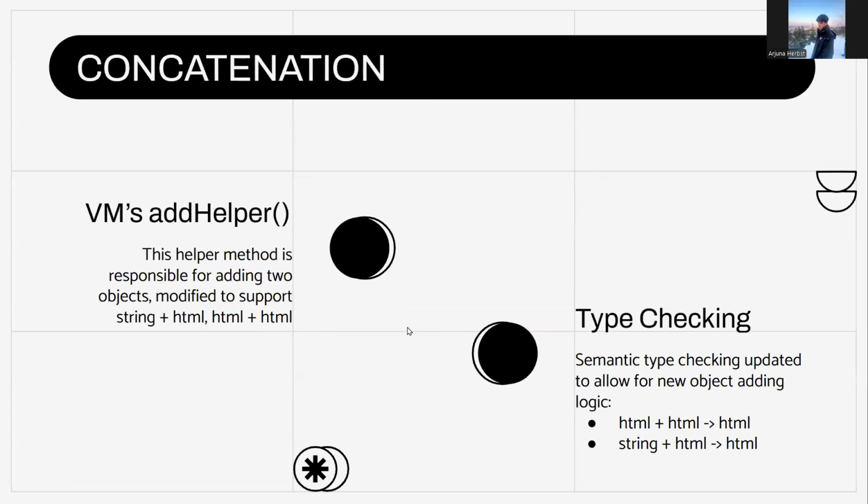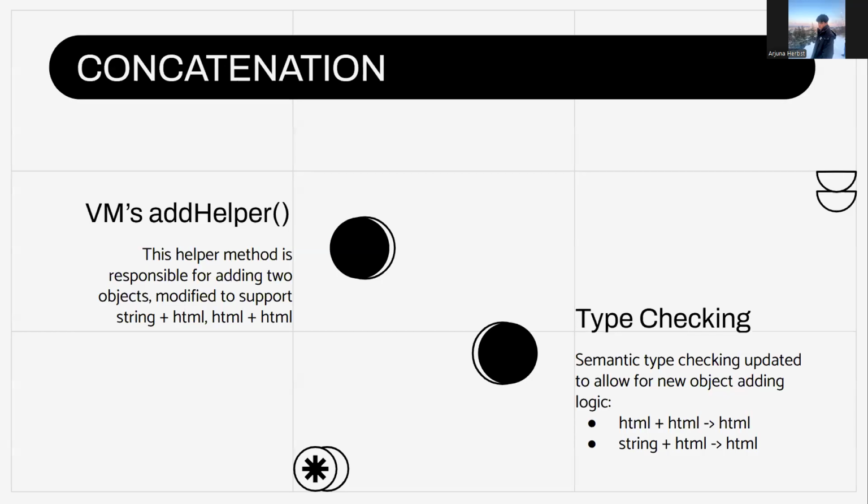Another feature I was talking about in those demo scripts is concatenation. This works through some changes to the VM and semantic checker. Firstly, the VM already has a method in place called add helper, which adds objects together and checks if certain types are allowed to be added together.